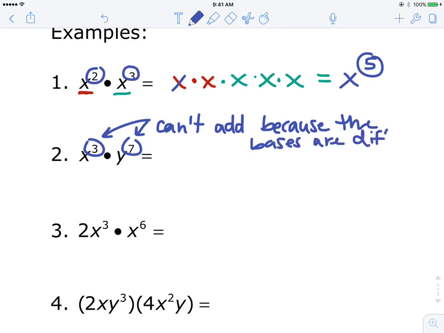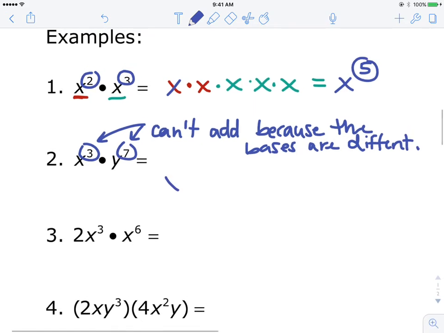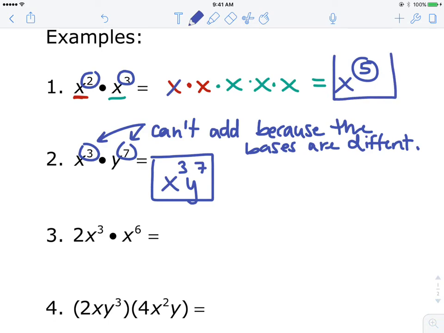So we can't just add them up. All we can actually do is keep them separated. It's just going to stay x cubed y to the power of 7. So this one that we did above, we were able to add them together because our bases were the same. Problem 2, we couldn't do that because they were different.